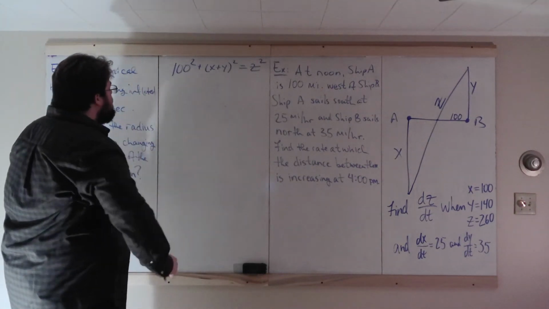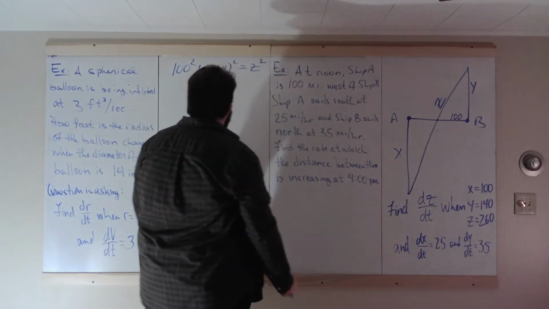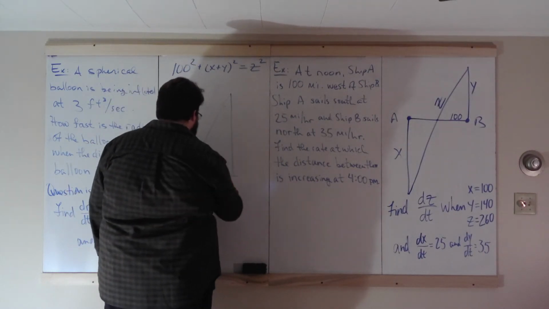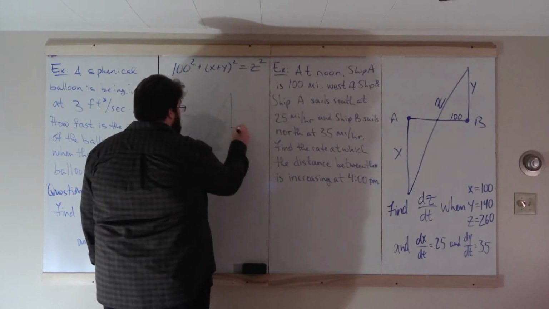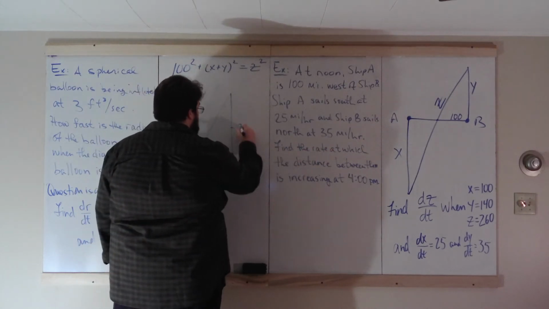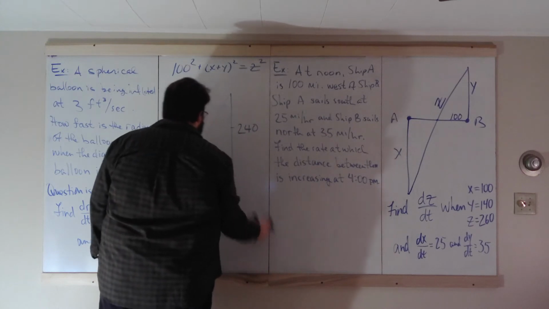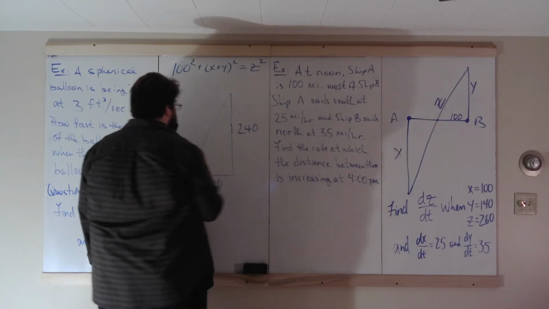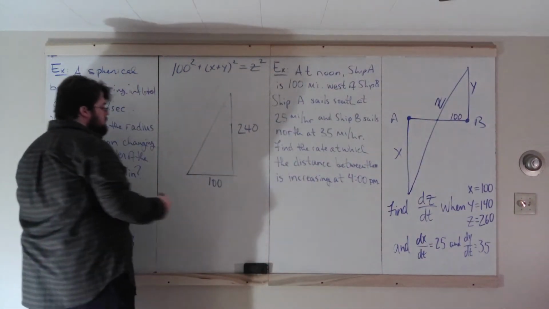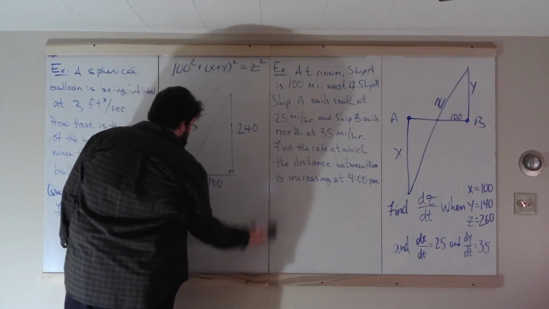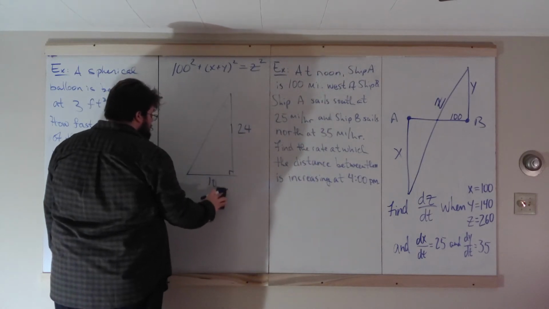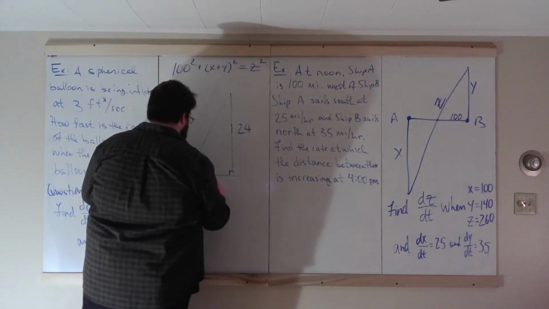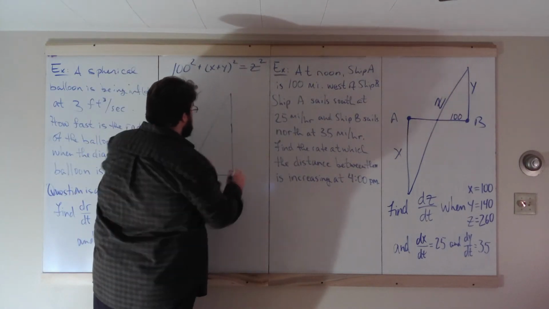Well, now, what is z from this? Maybe I shouldn't have gotten rid of the big triangle. The big triangle has a leg of 100. This other leg was x plus y, 240. Why is the hypotenuse 260? Well, 100 and 240, that's similar to 10 and 24. Those also have a 2, so you get a 5 and a 12.